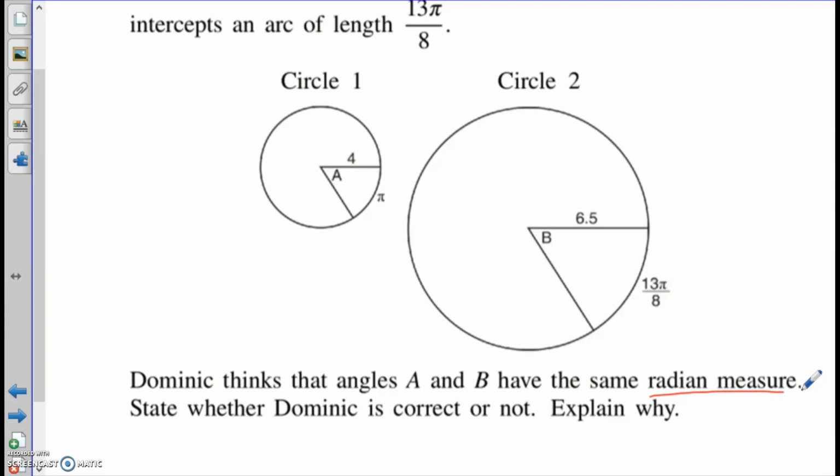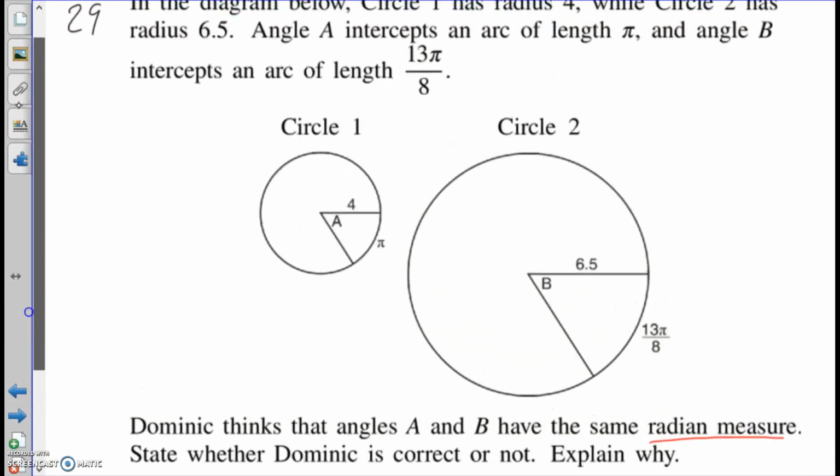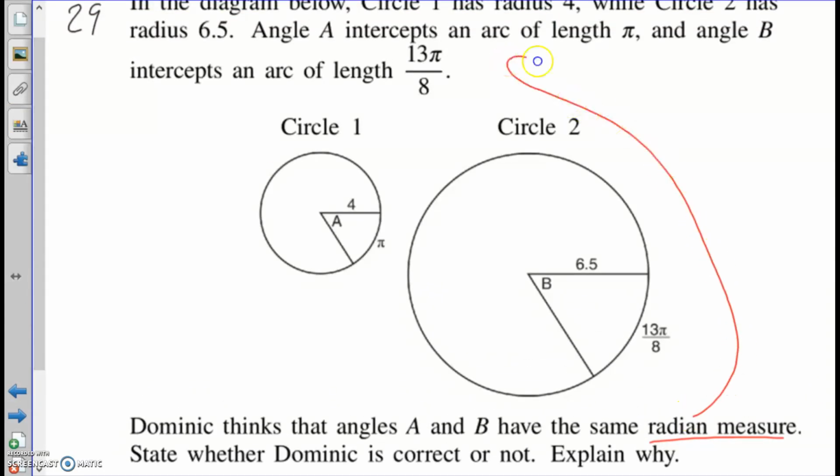I don't want to stress too much about this because there's a good chance that you won't see this, but a radian is a way to measure arcs in radius lengths.